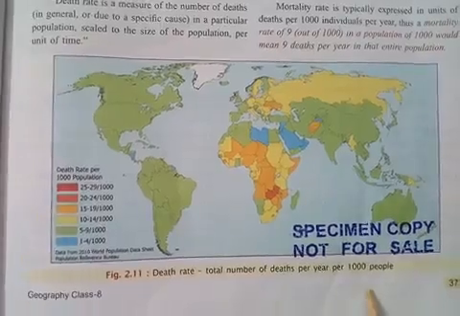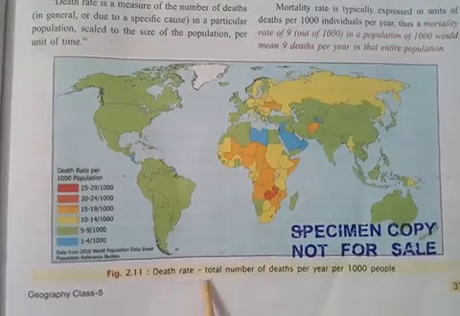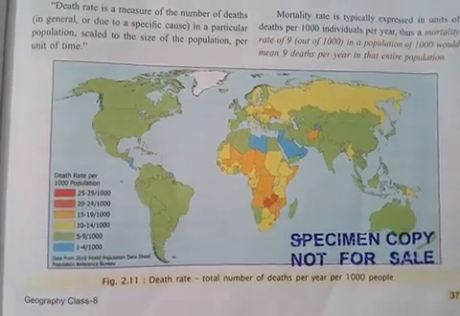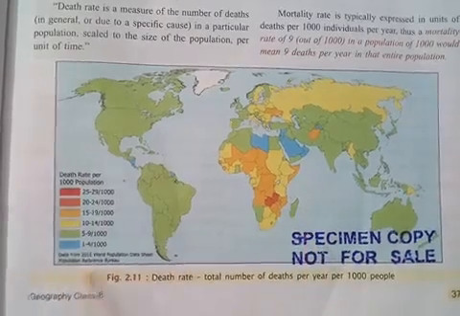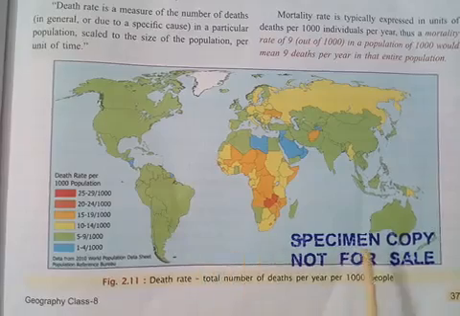Now let me show you one map here. This map shows the death rate, the total number of deaths per year, and this data is taken from the 2010 World Population Data Sheet.